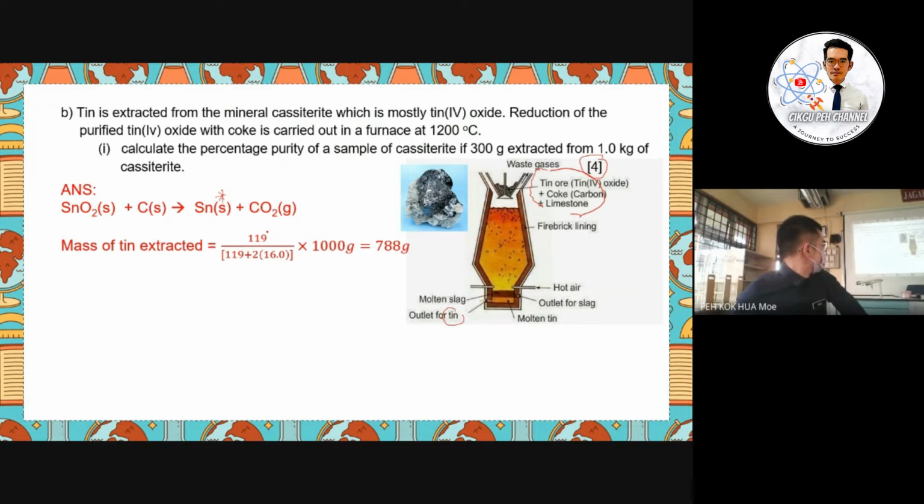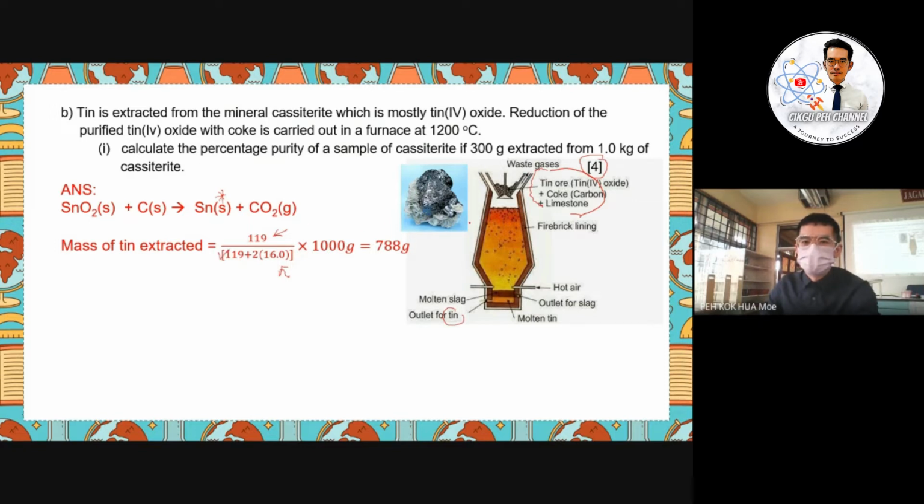the rest of the tin has to be extracted. If we get 100% of the reaction, okay? So here, this is the molar mass for the pure tin, and here we divide with the molar mass of the tin 4 oxide. Here tin dioxide, so that we will get this.